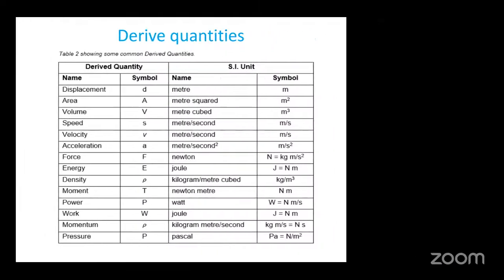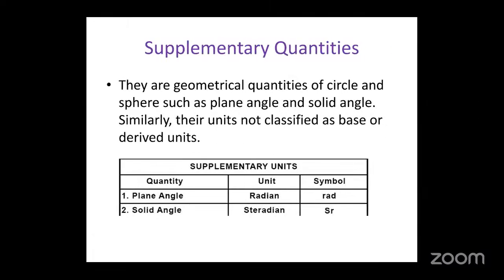The third category of physical quantity is supplementary quantities. They are geometrical quantities of circle and sphere, such as plane angle and solid angle. If you notice, the two categories of physical quantities we mentioned before, fundamental quantities and derived quantities, didn't mention anything about angle.